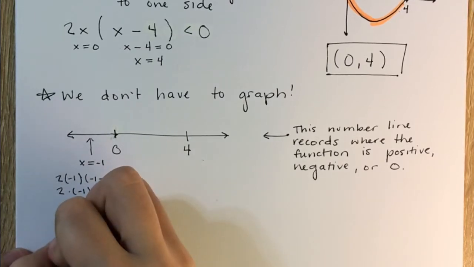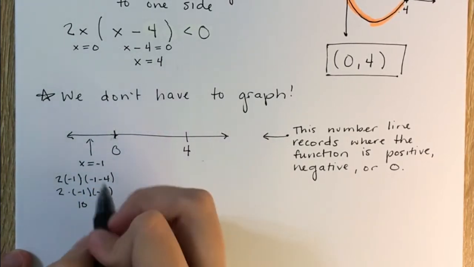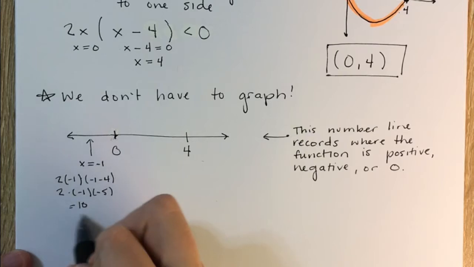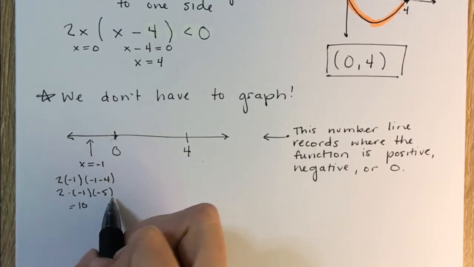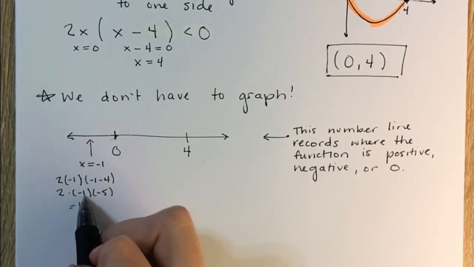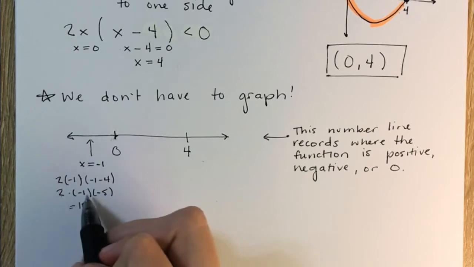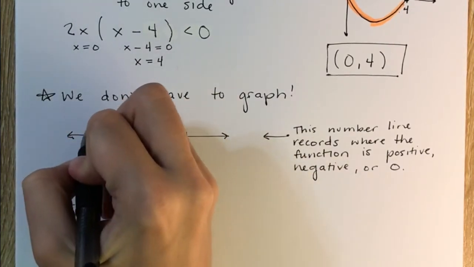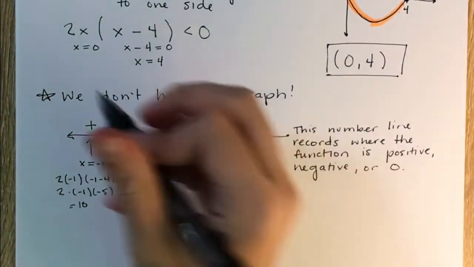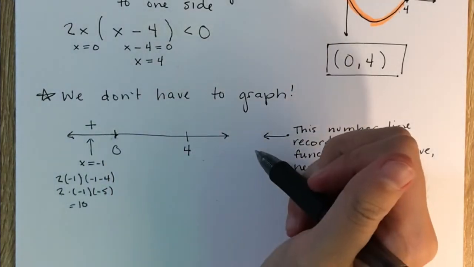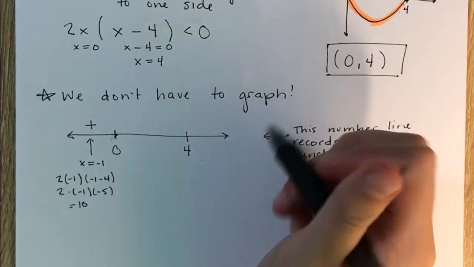That gives me positive 10. We actually don't need the exact number, we just need to figure out whether it's positive or negative. So I have a positive times a negative times a negative. 2 negatives make a positive, so we have positive. We can record that by writing a positive on top of the number line.